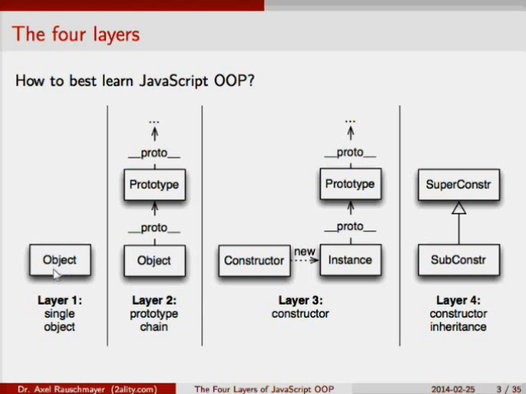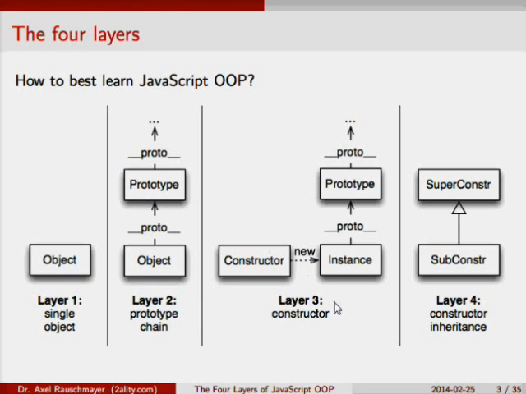The first layer here is a single object, and most of you have used single objects. Afterwards, I will move on to something that is traditionally considered an advanced topic, but I think it makes the later content easier to understand, and that is prototype chains. Prototype chains is about creating chains of objects via the so-called prototype relationship.